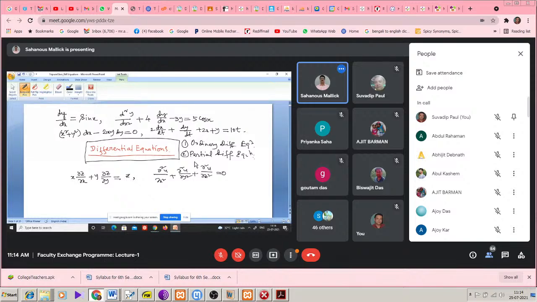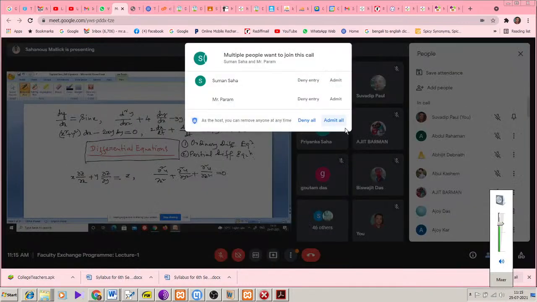Now we come to know what is an ordinary differential equation. Actually, a differential equation involving ordinary derivatives of one or more dependent variables with respect to a single independent variable is called an ordinary differential equation.